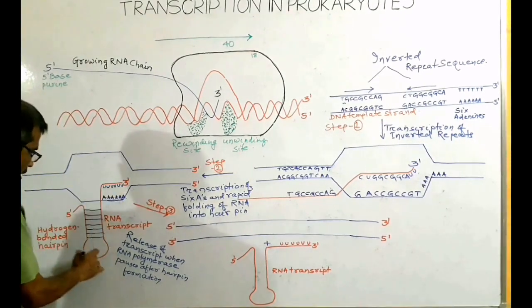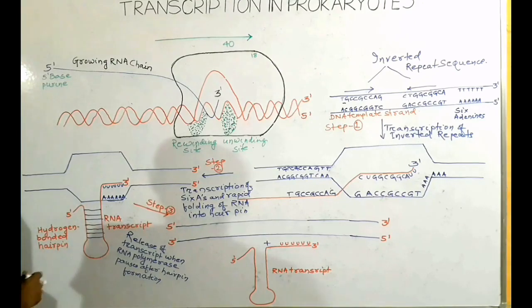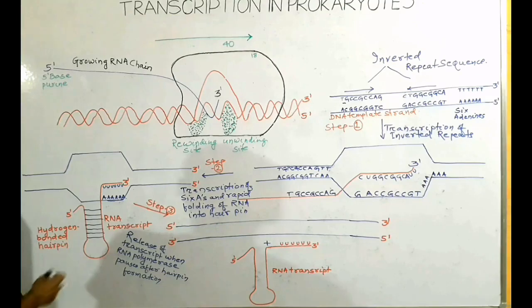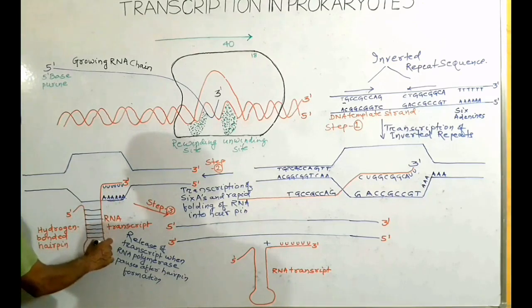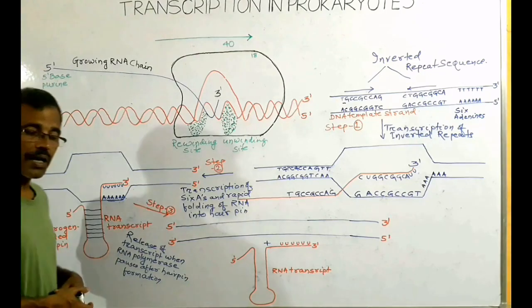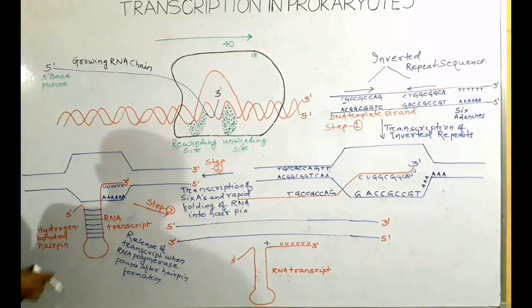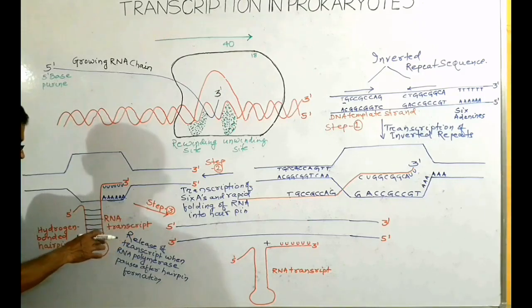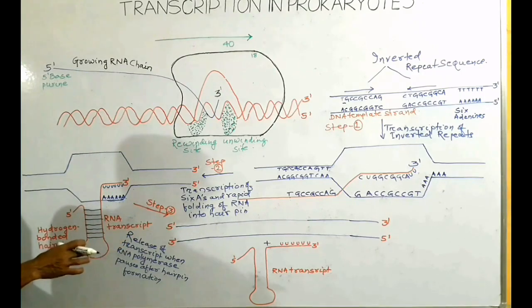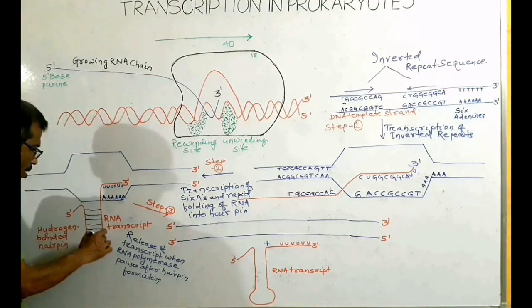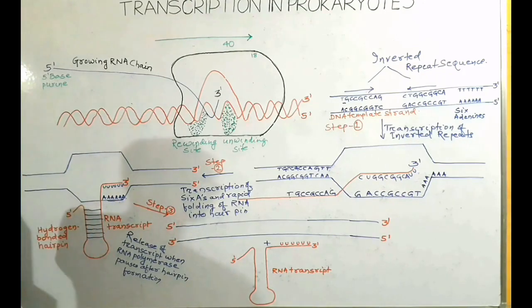This is the hairpin-like structure, part of which is double-stranded. Due to the formation of this hairpin-like structure, the enzyme RNA polymerase fails to move further because it is retarded by the hairpin loop.